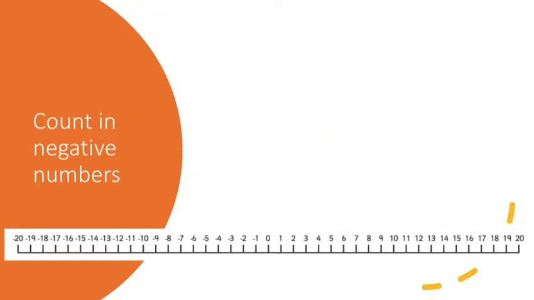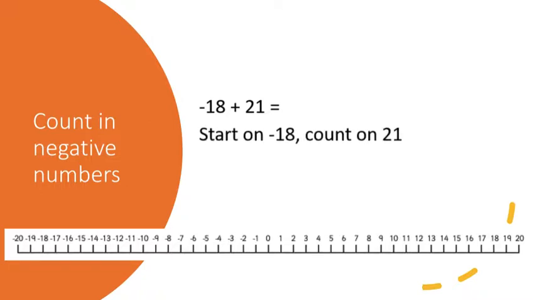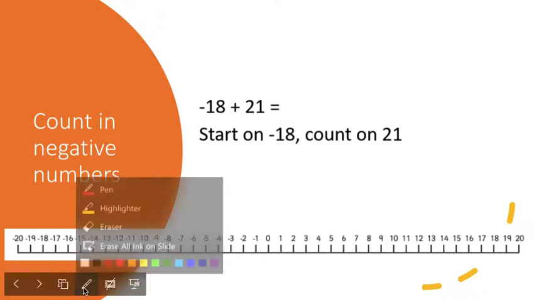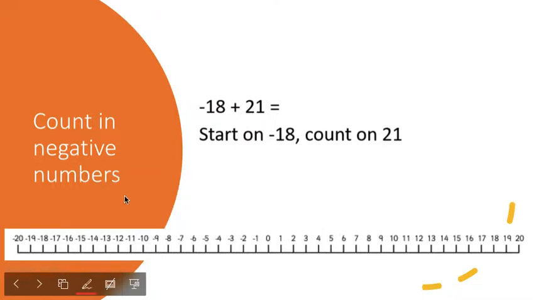Okay, let's recap what we learned in session 1. Minus 18 plus 21 equals. We start on minus 18 and we count on 21. Let's grab my pen. So if we're starting on minus 18, we want to count on 21.